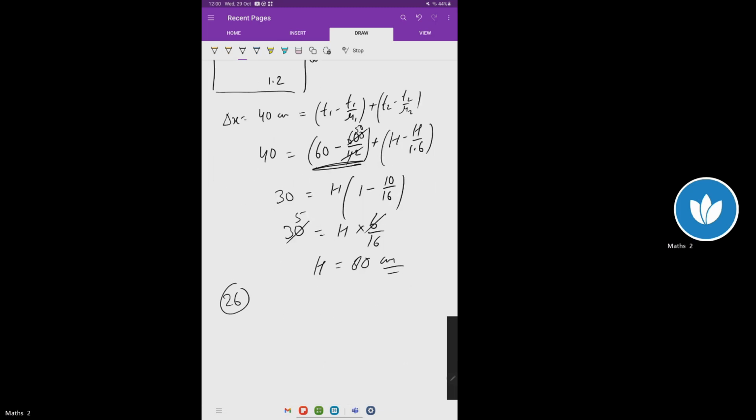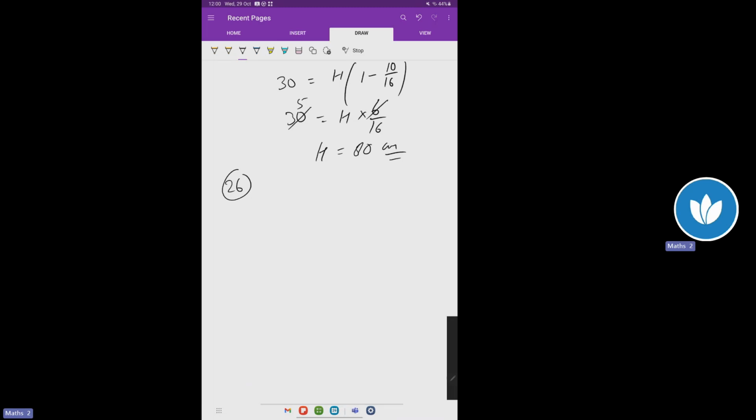26. A converging beam of rays is incident on a diverging lens. Diverging lens means concave lens.